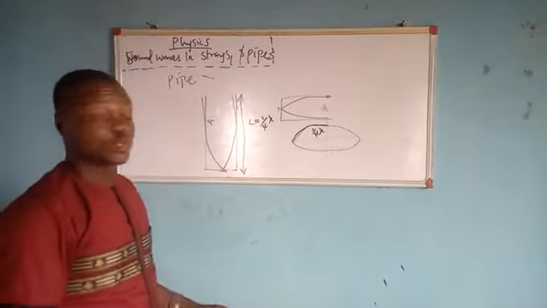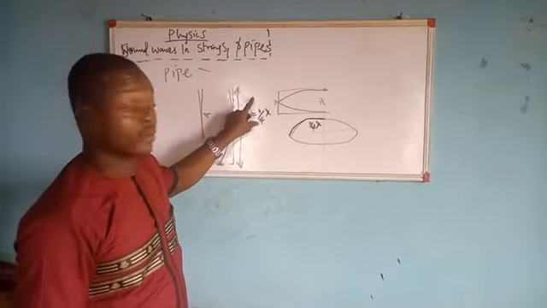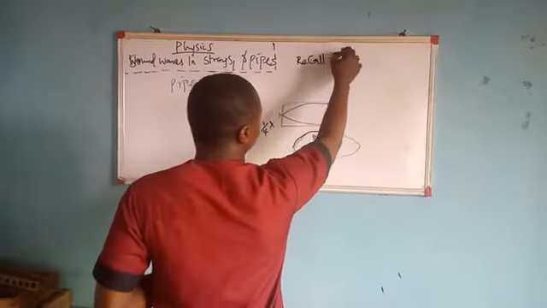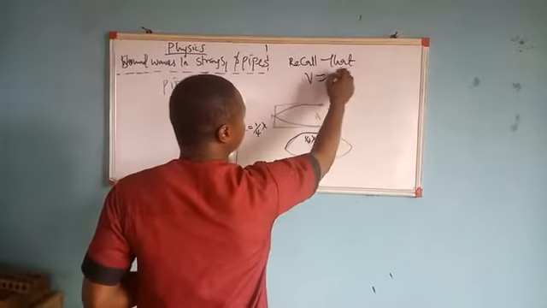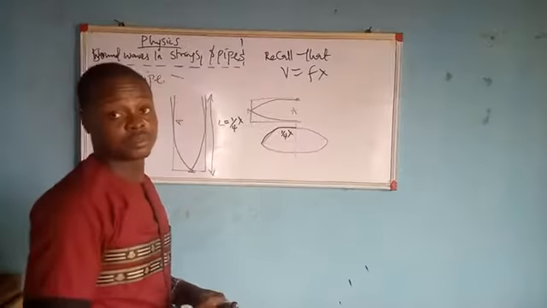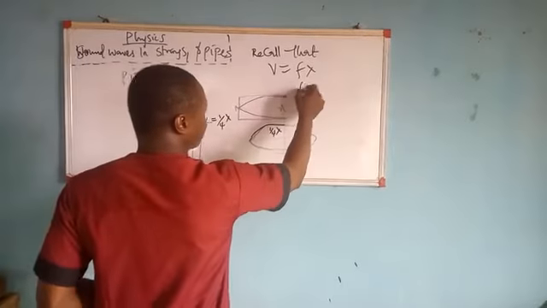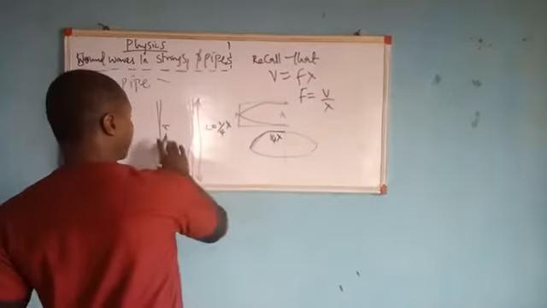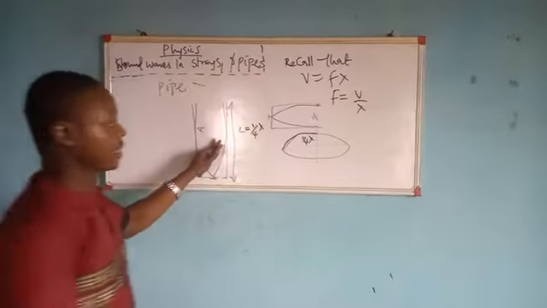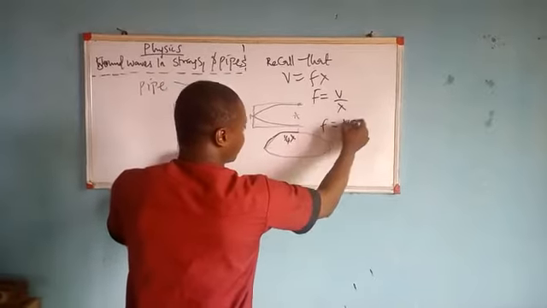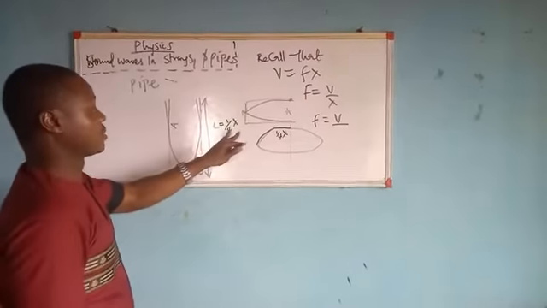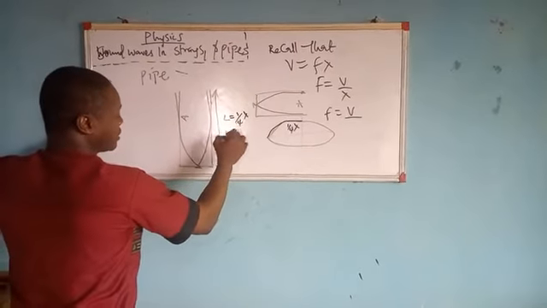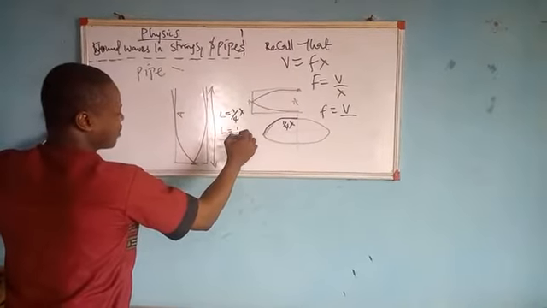So if we are going to get the frequency again like we did before, recall that velocity is given by the wave velocity equation, so the frequency is going to be V over lambda. Now for this case, for a closed pipe, the frequency will be F equals V over, what is the wavelength now? Let's come back here and get the formula for wavelength. We said that length is 1/4 lambda.